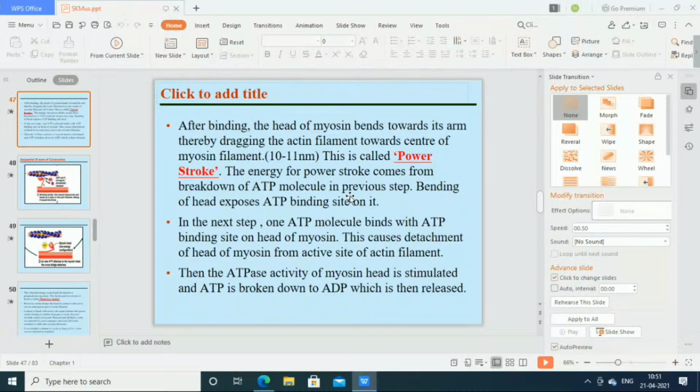Once this happens, the intramolecular force of the head of the myosin causes bending of the head.